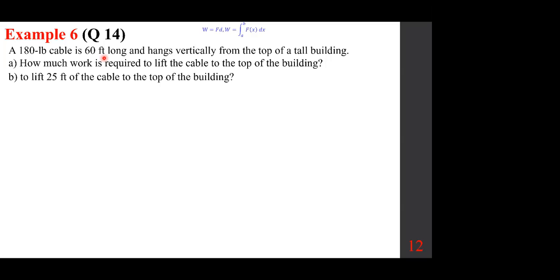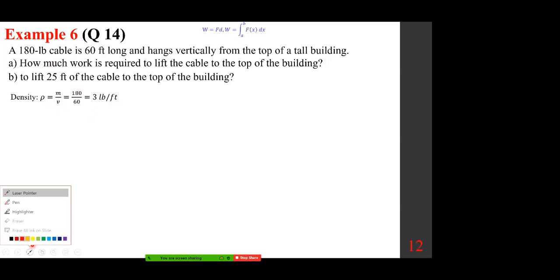So the formula is rho equals m over v. 180 divided by 60 gives you 3 pounds per foot. This would be the general density. However, I want you to pay attention to the fact that this is really being changed to m over L as a linear density.